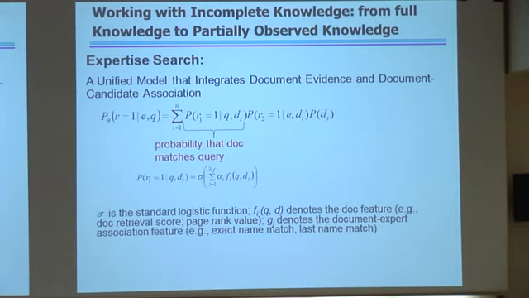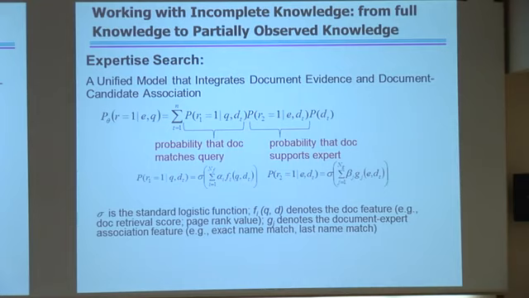And the second hidden variable tells us whether, given this document and the expert candidate, this expert candidate is really responsible for the contents in this document. And also, we have another prior term that tells us the importance of each document, which generally can be assumed in a unified way. So we model this probability in a discriminative way and also specifically introduce two hidden variables.